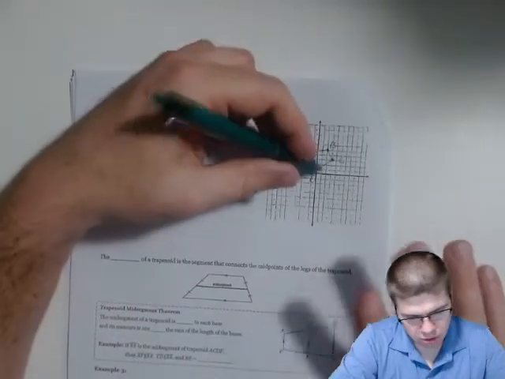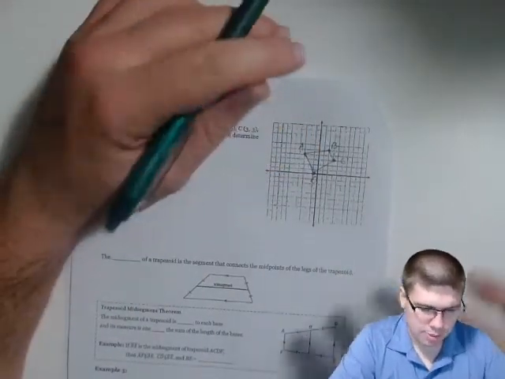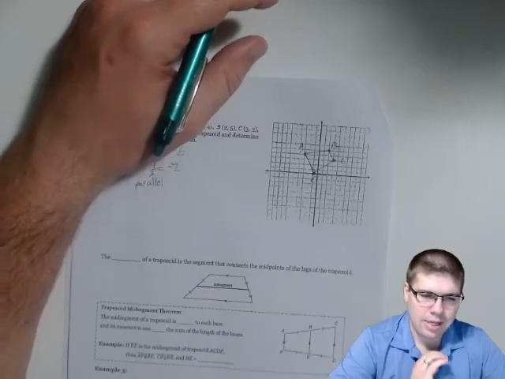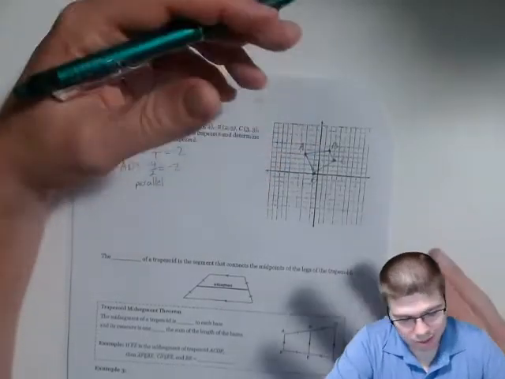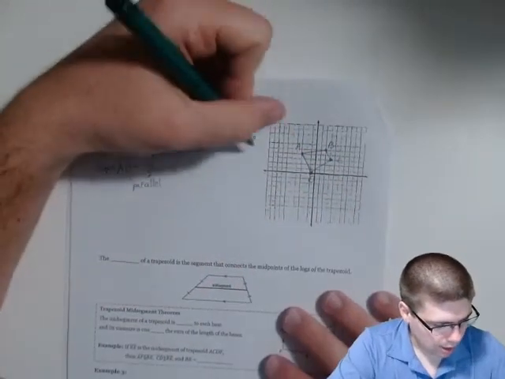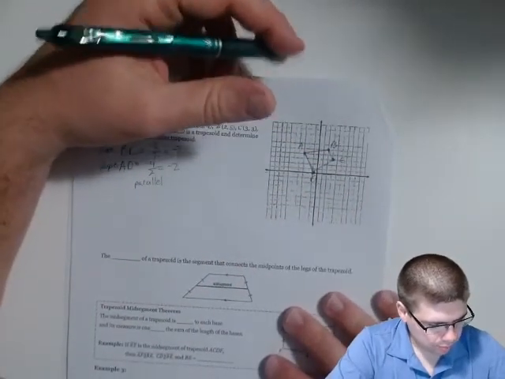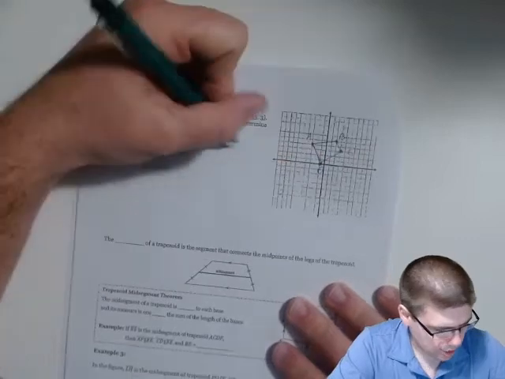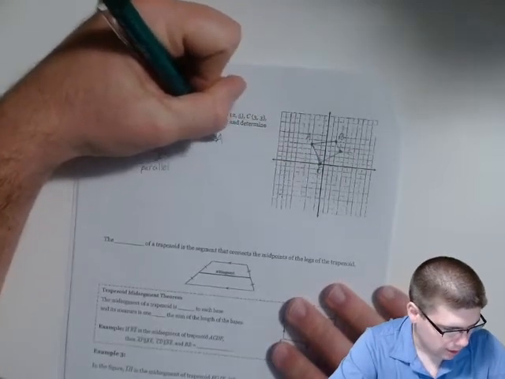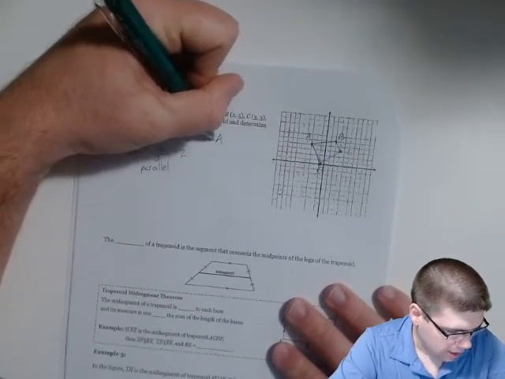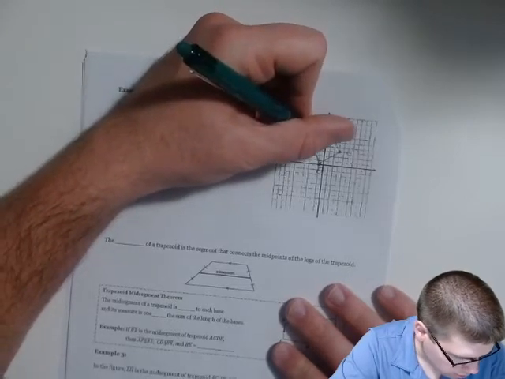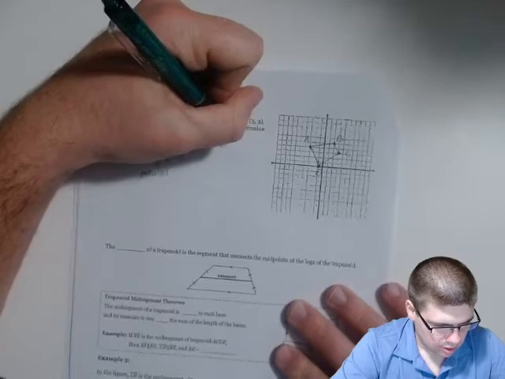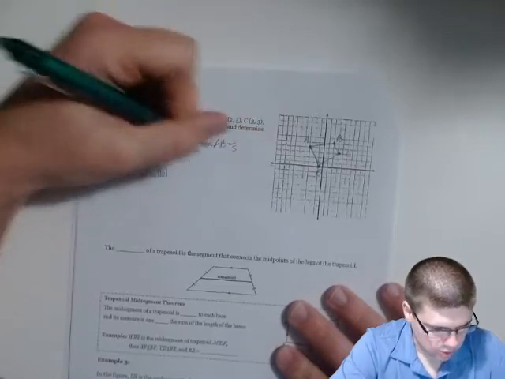All right, seems like a good start. But we got to make sure that the other two sides aren't parallel. So a trapezoid, we are defining it so that exactly one pair are parallel. So we don't want it to be a parallelogram. So what's the slope of AB? Rise is 1, run is 1, 2, 3, 4, 5. So 1/5 seems good.